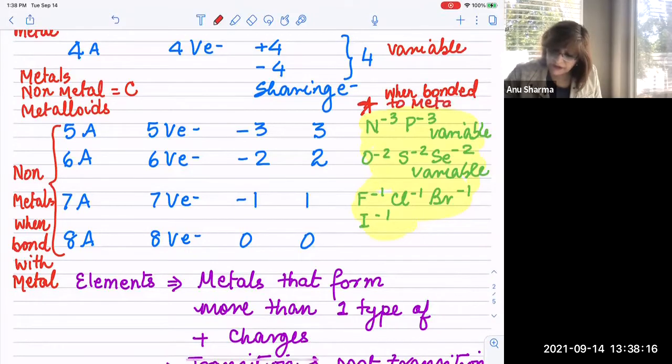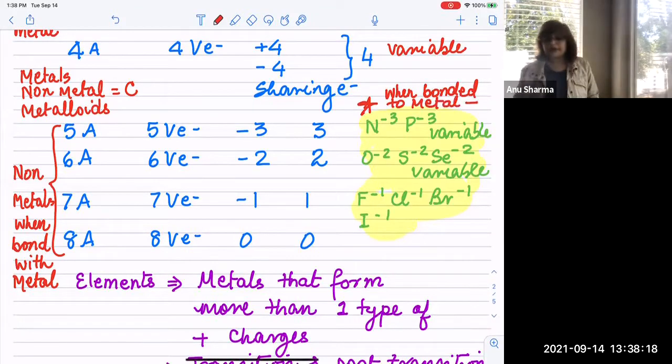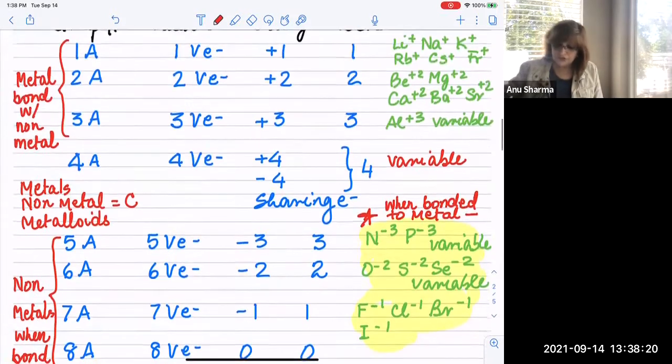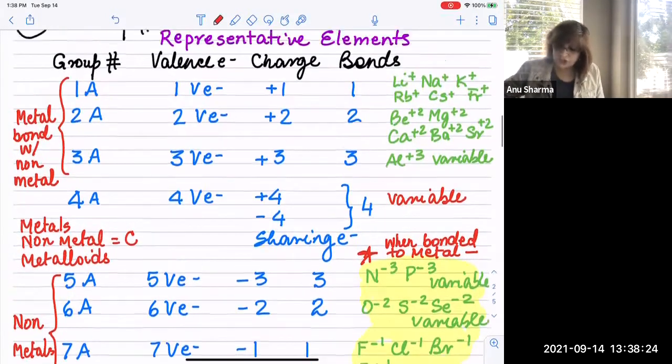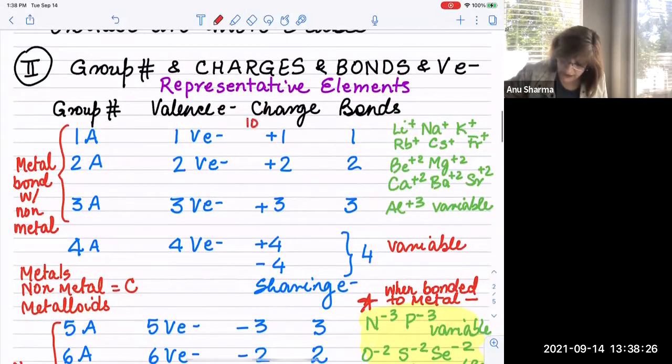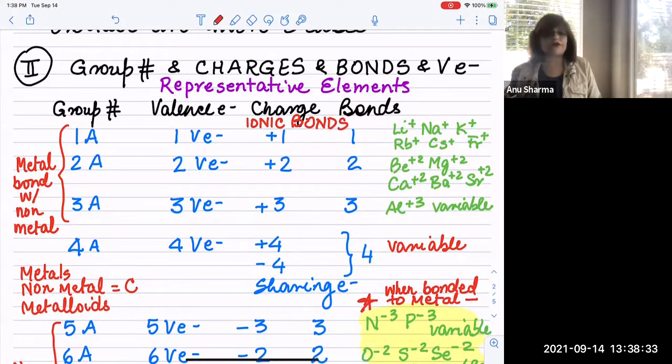So in other words, when they are forming the ionic bonds. Okay, so generally these are all ionic bonds. So these charges come only for ionic bonds, when ionic bonds are formed by the transfer of electrons.